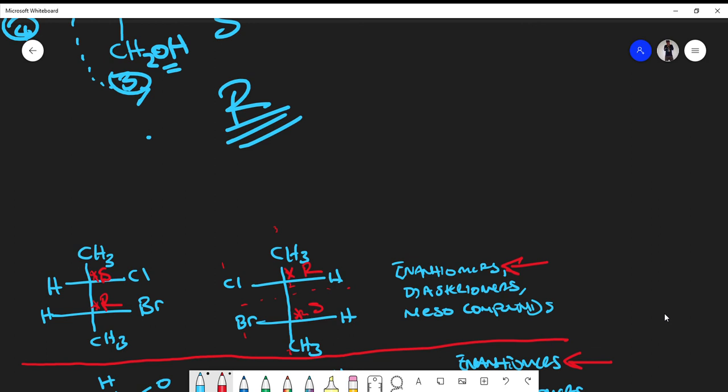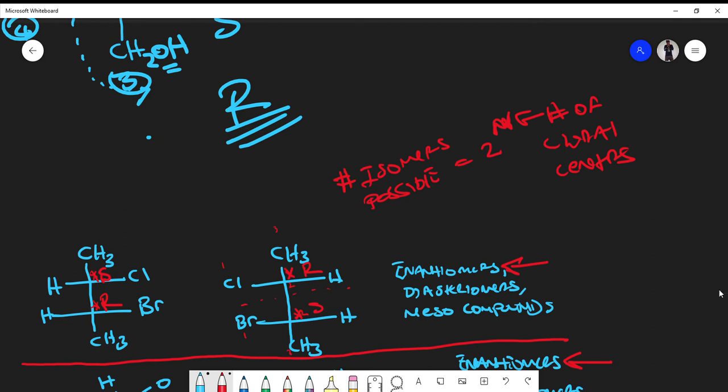The answer is actually yes, right? Remember, the number of stereoisomers possible is equal to 2 to the n, where n is the number of chiral centers. So if you said yes, you are correct.